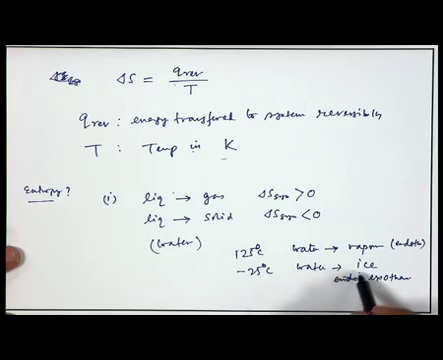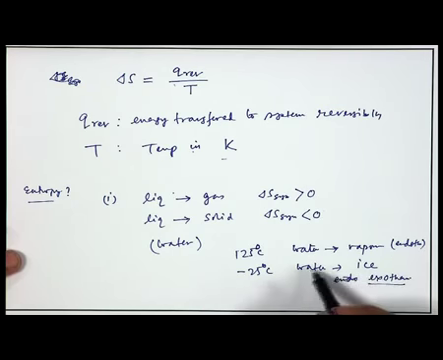Now, in this case, because it is an exothermic process, some amount of heat is coming out to the surroundings. So, though in this case the system's entropy is going down, the surroundings' entropy is increasing even more in magnitude. So, the total entropy change for system plus surroundings is positive.